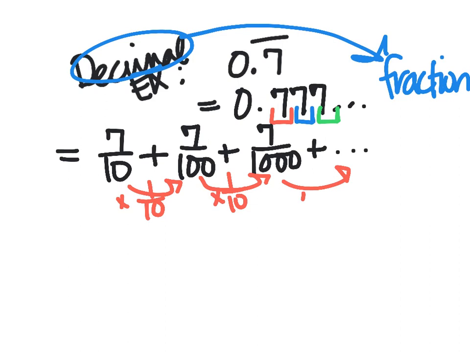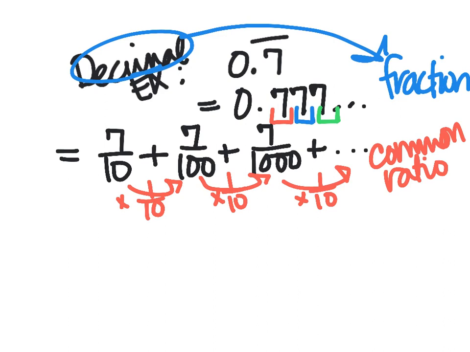So we're multiplying by what we call a common ratio. The common ratio for this series, typically called r, is going to be equal to 1/10, because that's what's happening as we move from term to term.